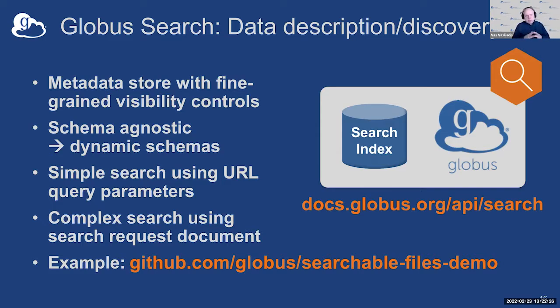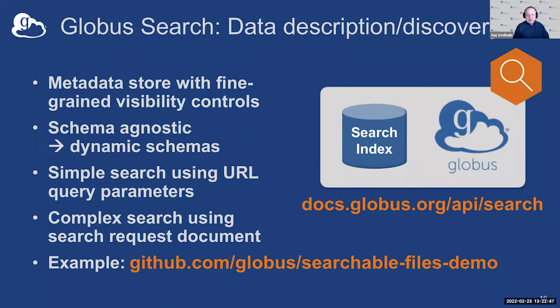On the back end, it's really just Elasticsearch, but I say "just" in quotes, because really getting data into that search service can actually be quite tricky. So we've tried to really simplify that and provide flexible ways to put data into the search index.